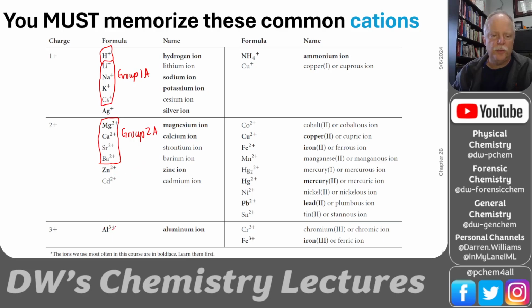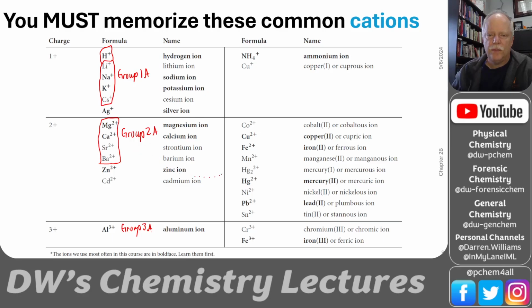And then aluminum forms a +3 because it's in group 3A. But it's really the only one that forms a 3+ ion because of what group it's in. All the others are metalloids, but it's a metal that gives up 3 electrons.